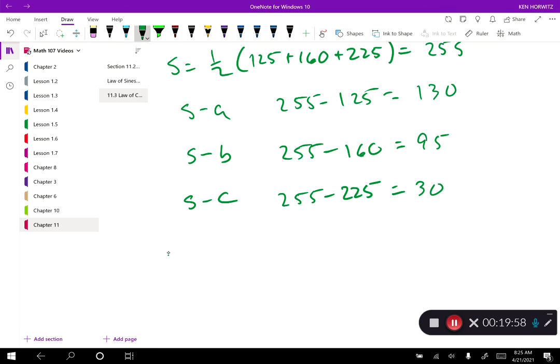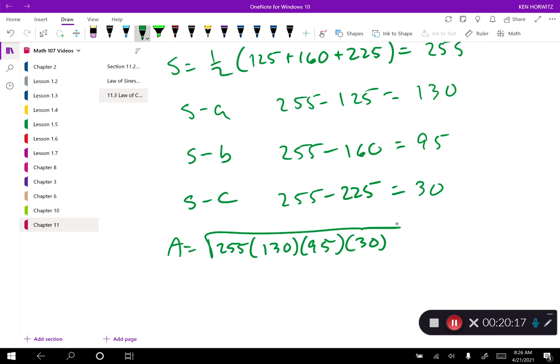And now we can plug all those numbers into our formula. So I got A equals the square root of S, which is 255, times S minus A, times S minus B, times S minus C. Let's do the calculation, and I'll give you the answer on the back end.